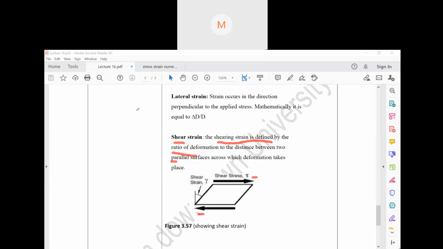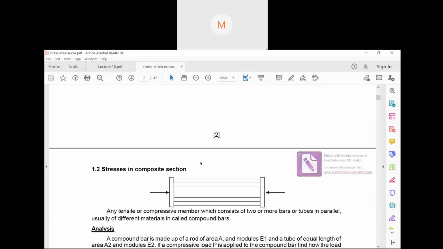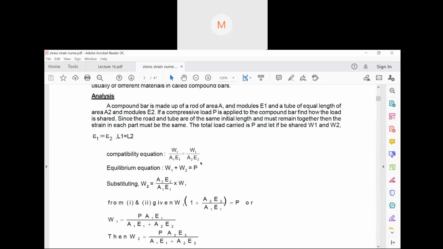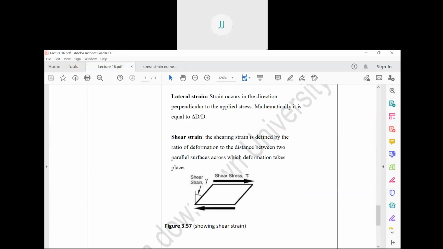Yes, sir. So the body is moving in this manner. Okay? So look, one force is applied in this direction, the other force is applied in the other direction.